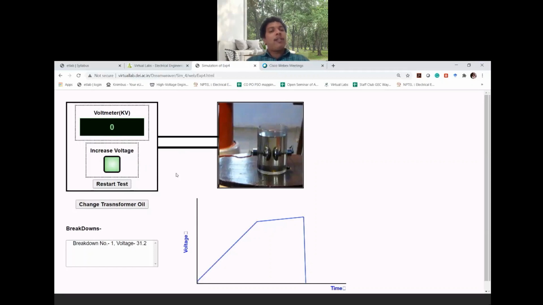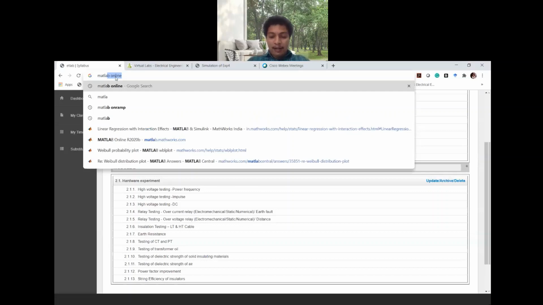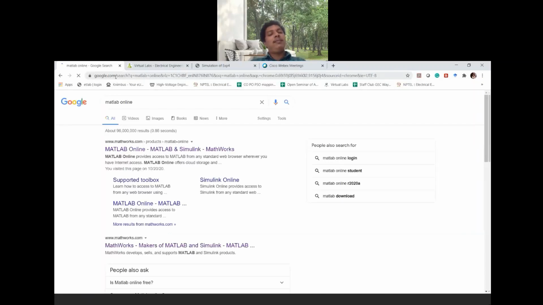For that I am going to use MATLAB. If you type MATLAB online in your Google Chrome, or even in your MATLAB app, it is there.